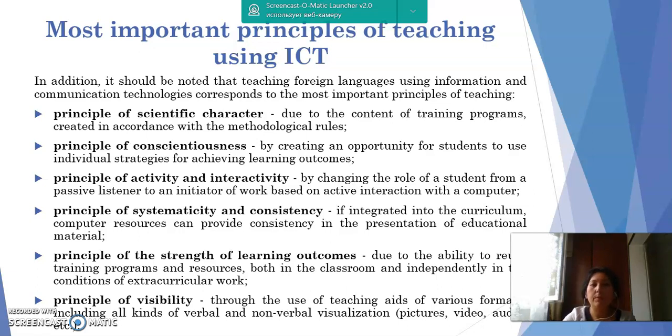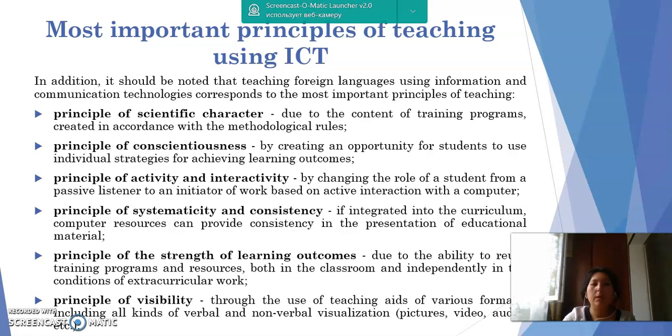The first principle, of scientific character, is due to the content of training programs created in accordance with the methodological rules. The second principle, of conscientiousness, by creating an opportunity for students to use individual strategies for achieving learning outcomes.